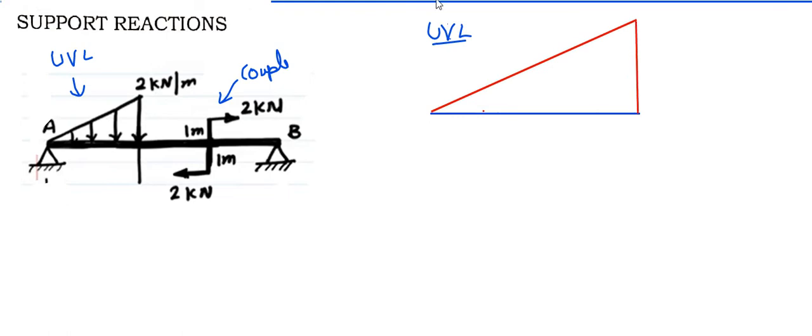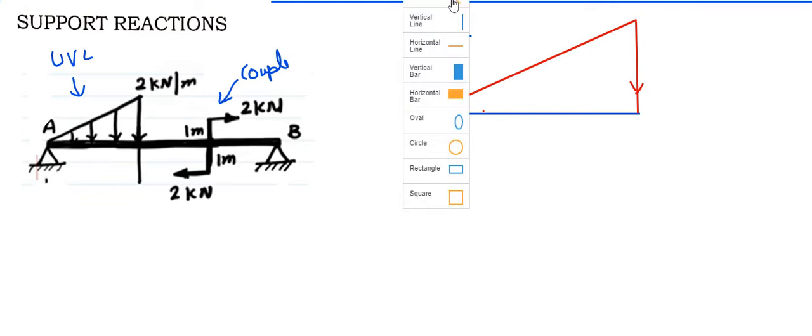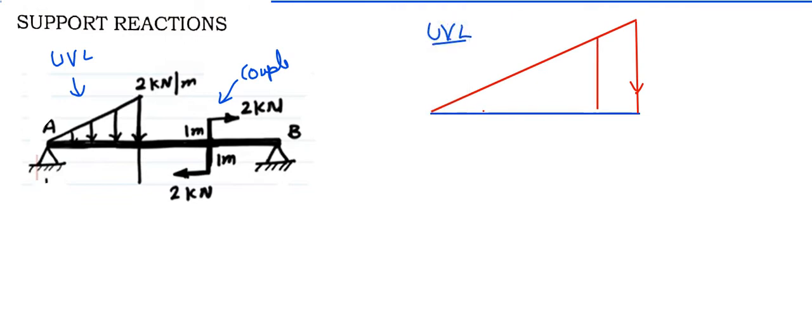So if you are given a uniformly varying load, it will be shown like this, that means a triangle like this.